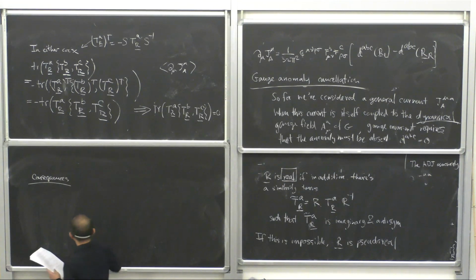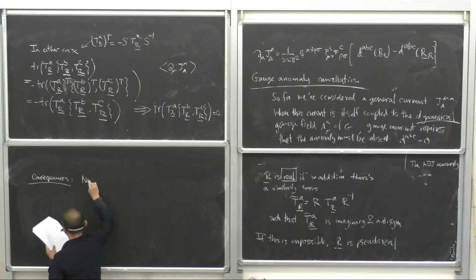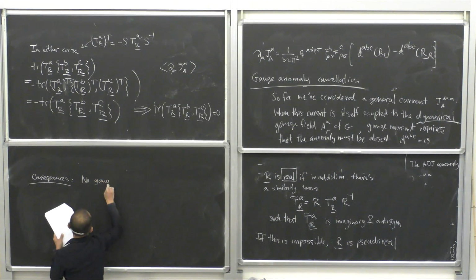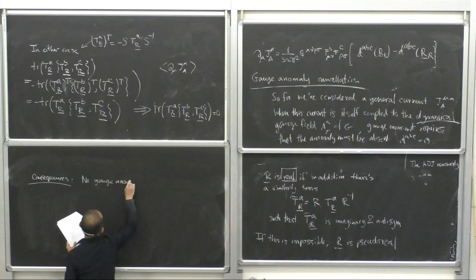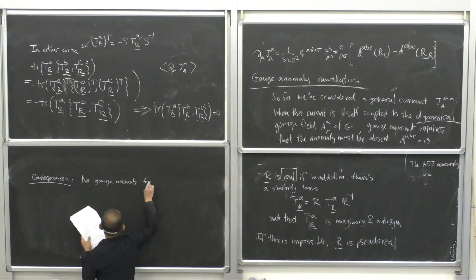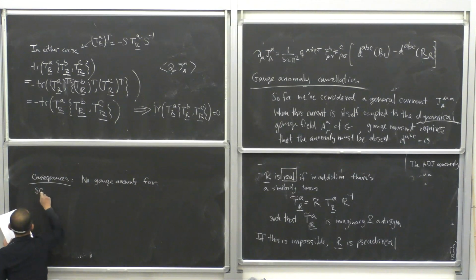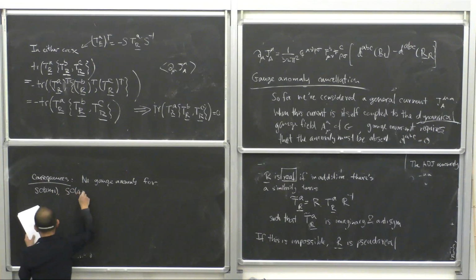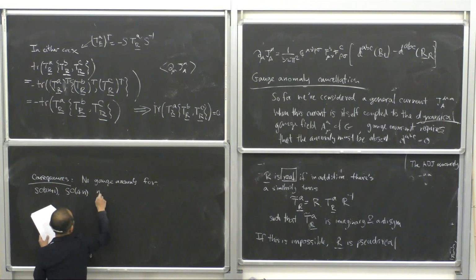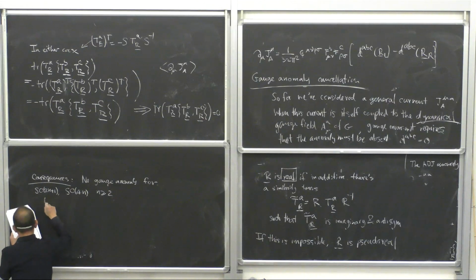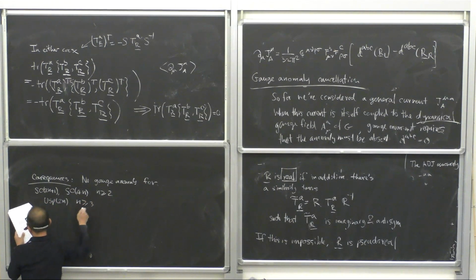The consequence is that there is no gauge anomaly for the following groups: SO(2n+1), SO(4n) with n greater than or equal to 2, USp(2n) for n greater than or equal to 3, G2, F4, E7, and E8.